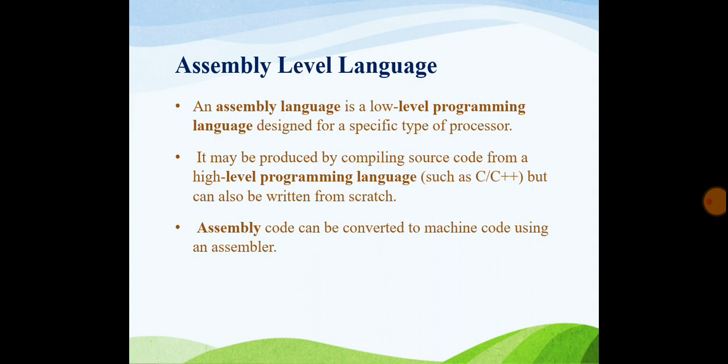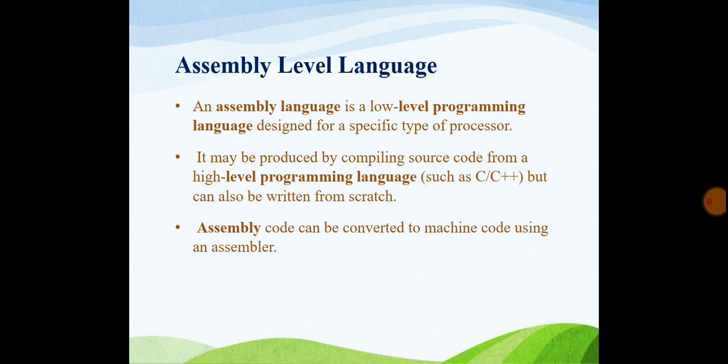So code written for one type of computer cannot be executed on another type of computer with a different architecture. So again, to solve these kinds of problems, new types of languages were invented, so that more people can come and write programs.